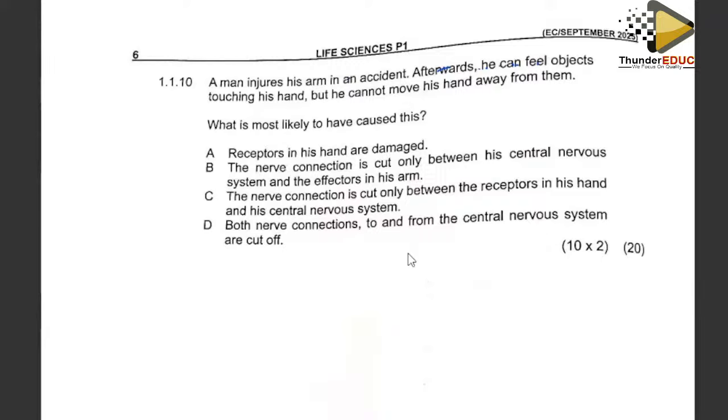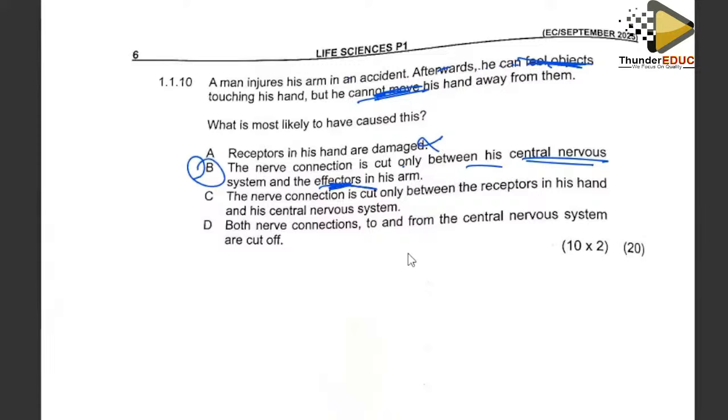Meaning that you are able to feel this, but you won't be able to react, meaning that the sensory neurons are working properly, but anything related to motor neurons is not working properly. Why? Because you are not able to bring about the effect. So here we said that the receptors of the hand are damaged. No, you're able to feel. The motor connection is cut between his central nervous system and the effector. Yes, it looks to be correct, but let's continue and find out.